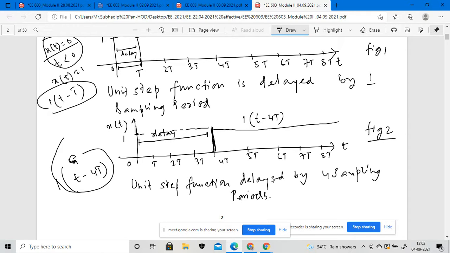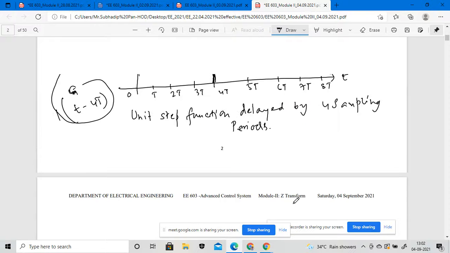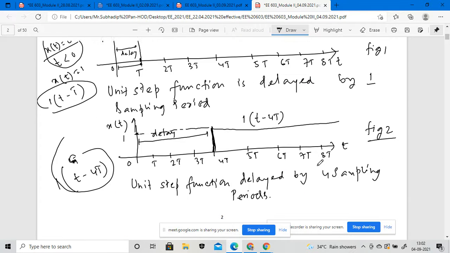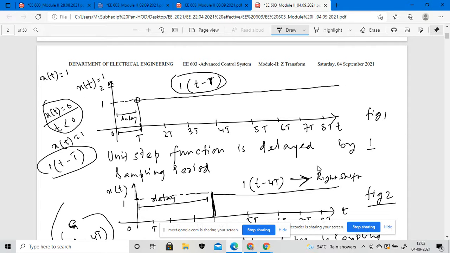Either the delay will be a right shift or a left shift. As the delay is in this particular direction, I will consider this the right shift. Here also we are considering the right shift.